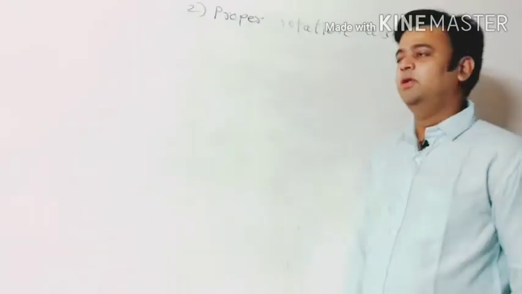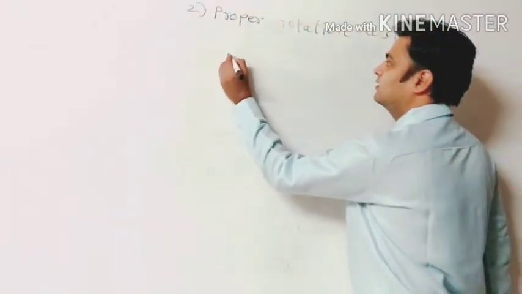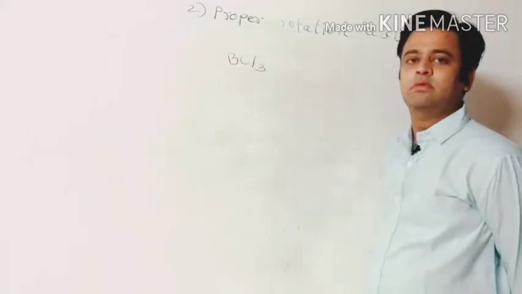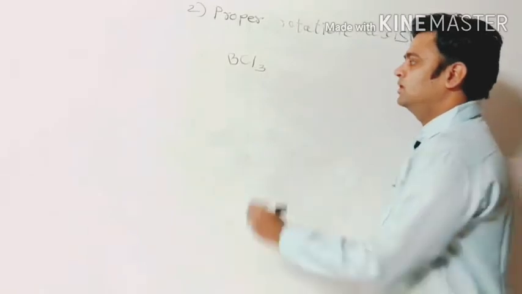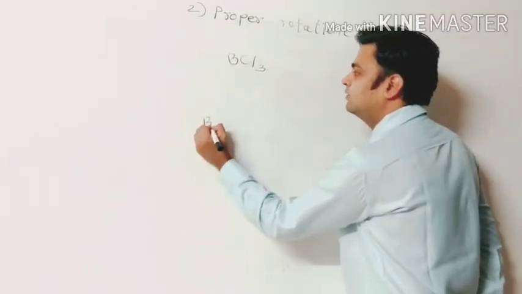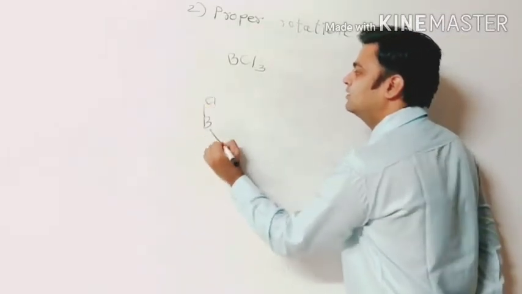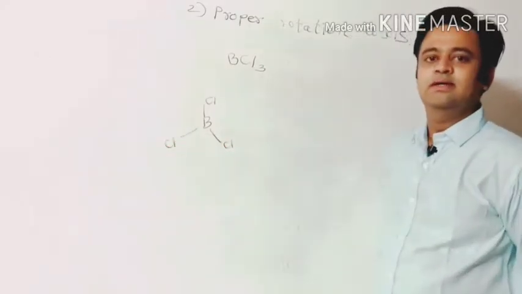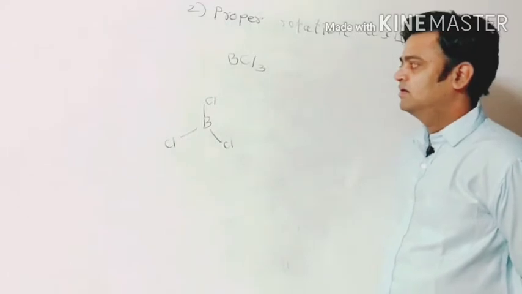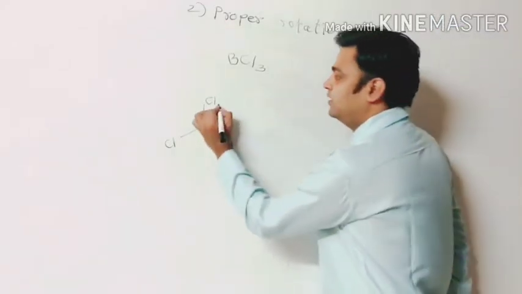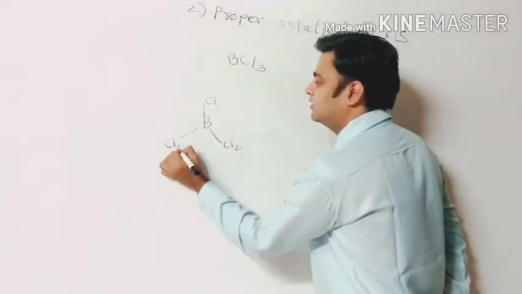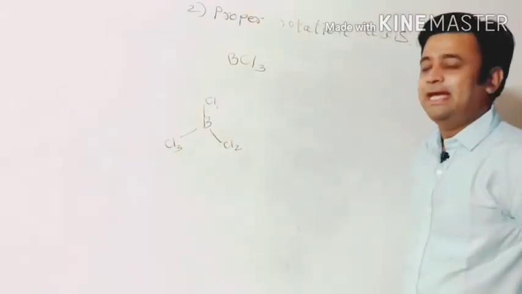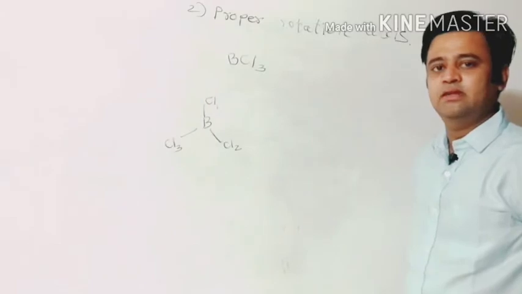Now take another molecule BCl3. Geometry is, we know, trigonal, just looks like a fan. Now let's label the chlorines 1, 2 and 3. Now find out axis of rotation over BCl3.